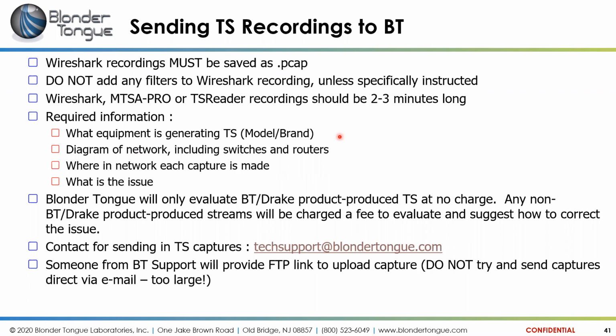We like to assume that captures are being made as close as possible to the source, or as close as possible to the destination that's having the issue, if it's only one place having an issue, but that's not always the case. So we need to know where on the network specifically the captures are made, and hopefully you might have even captured it in several different places.